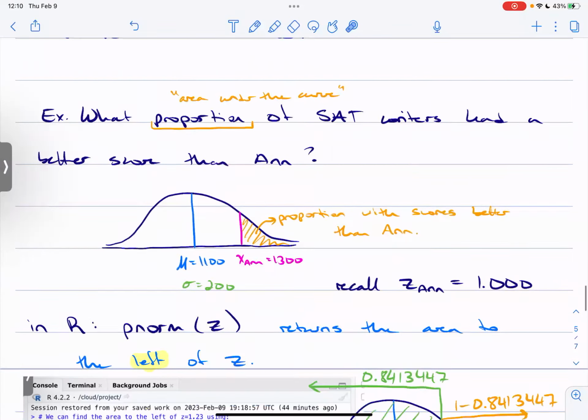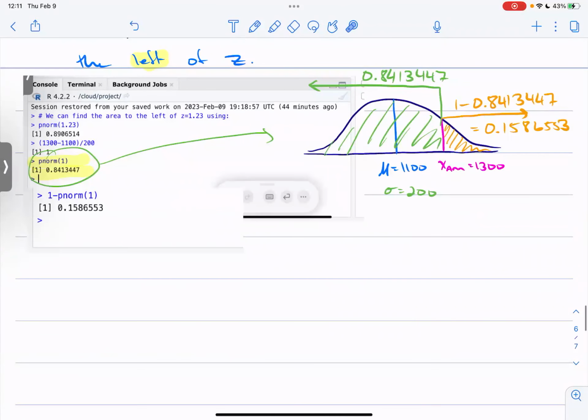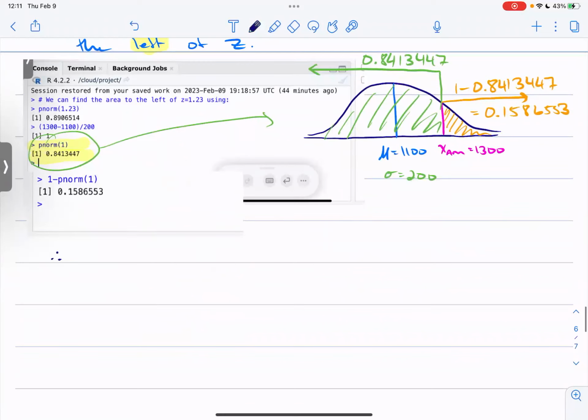Therefore, 0.1586553 of SAT writers had a better score than Anne.